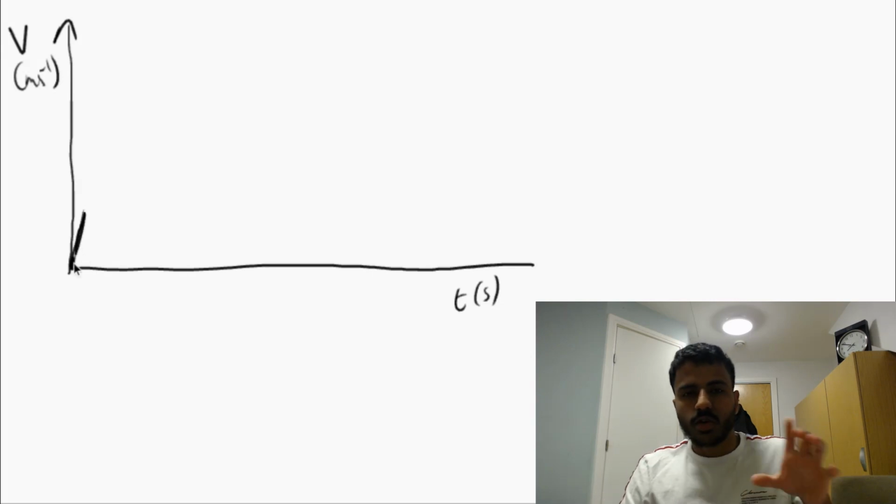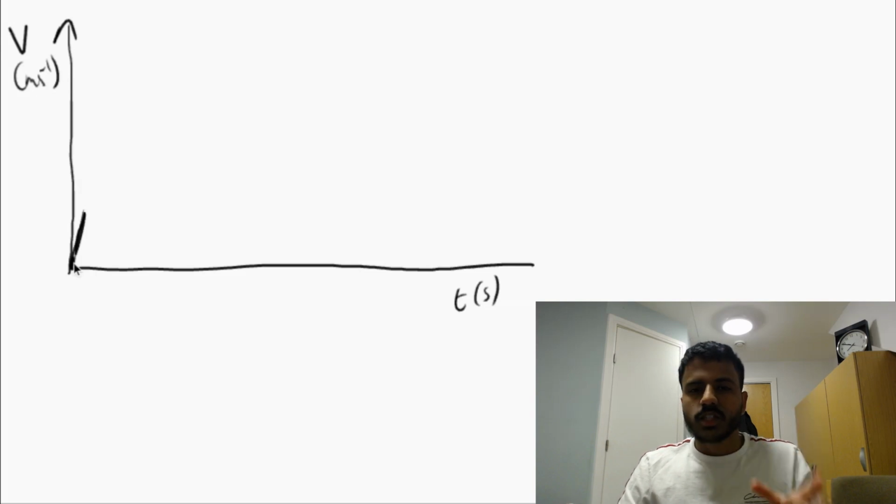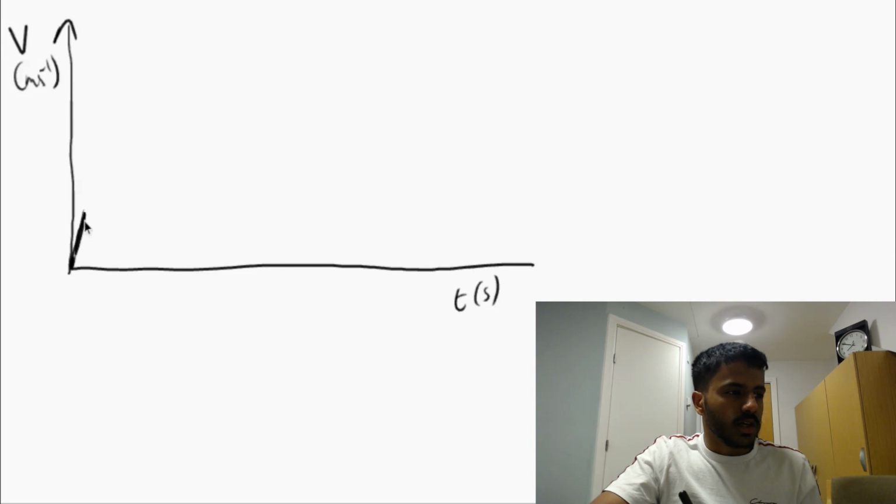Now we said that as velocity increases, air resistance increases, and that means that the acceleration is going to start decreasing, which means that even though the velocity is still increasing, it's going to increase at a slower and slower rate. So that means that the gradient of this graph is going to start decreasing.